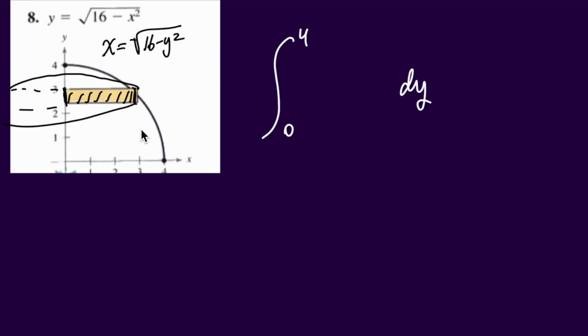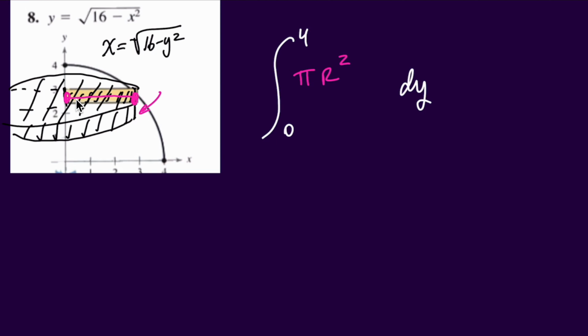So all we need to do is concern ourselves with the volume of this disk, which is either a disk or a right circular cylinder, however you want to determine it. So to do that, we're going to take the area of this circular face, and we're going to take it through a thickness dy. So what is the area of that circular face? None other than pi r squared.